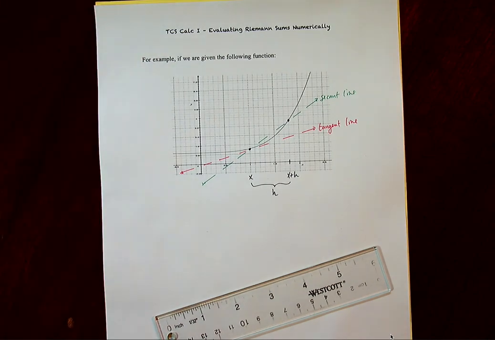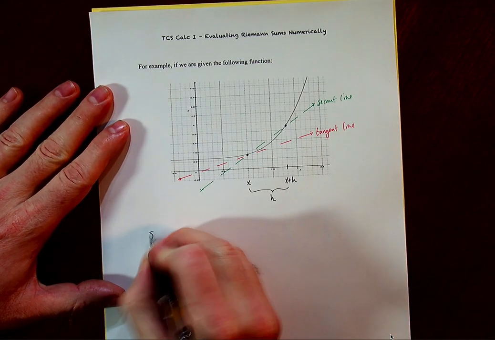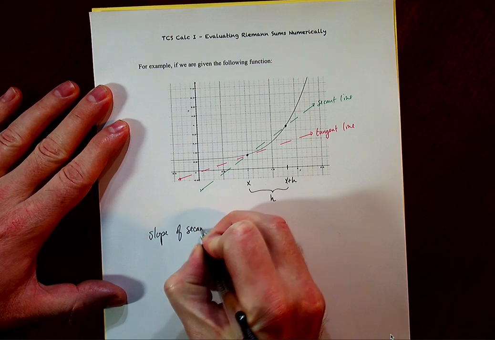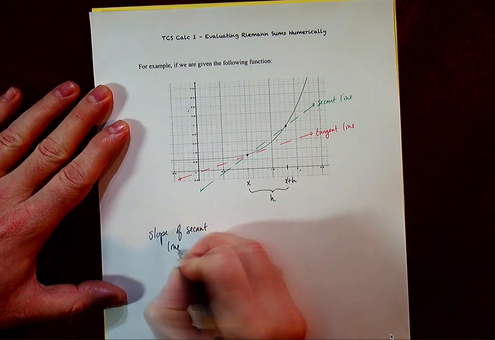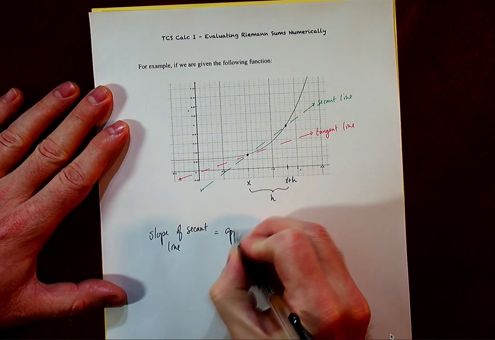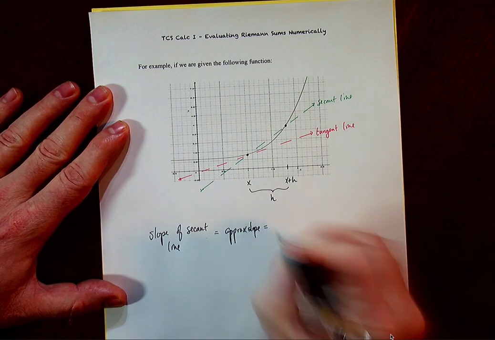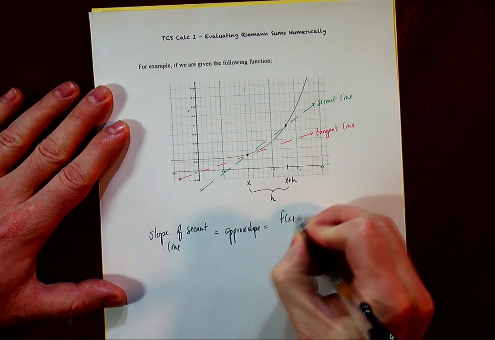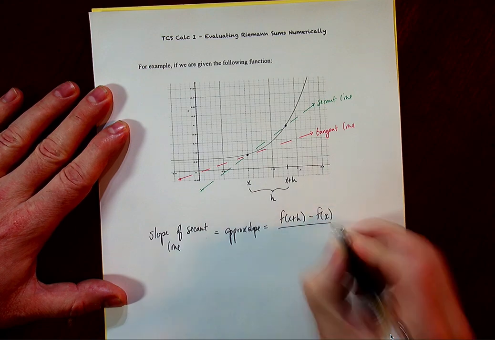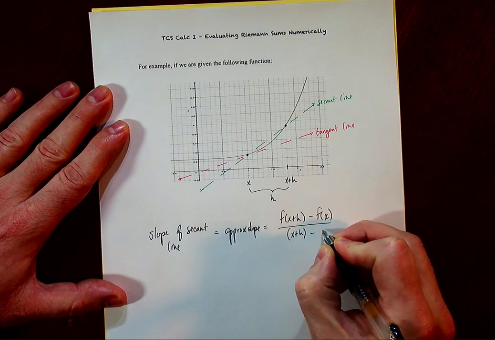Okay? Now we know that the slope of the secant line, which is our approximate slope, is, and we just use the slope formula, y2 minus y1 over x2 minus x1.